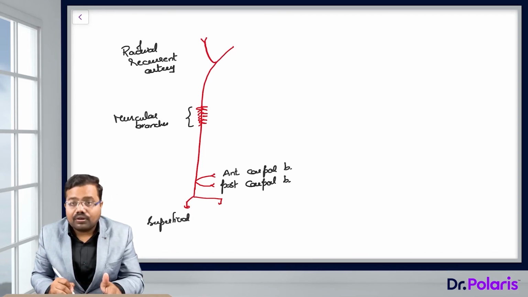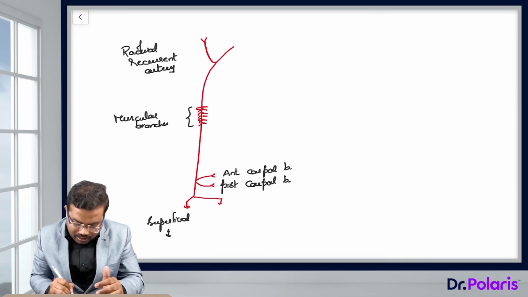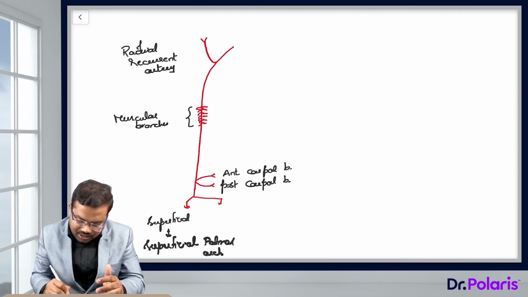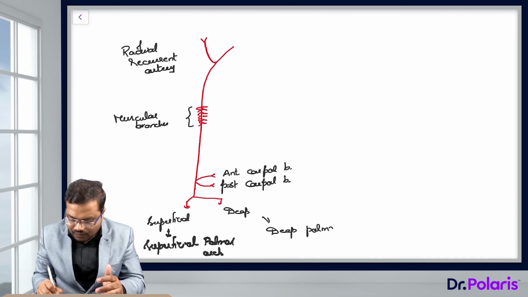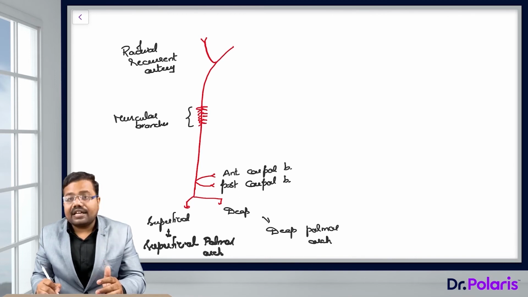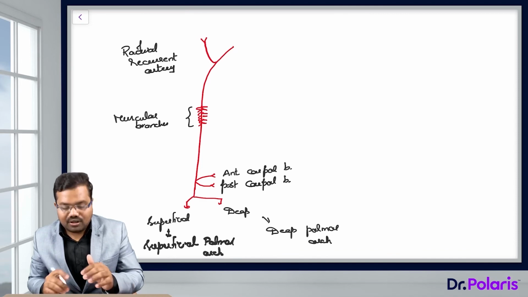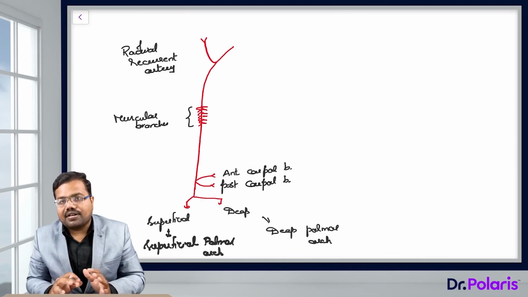Superficial will join with the superficial palmar arch, which is majorly formed by the ulnar artery, whereas the deep branch will form the deep palmar arch, which is majorly formed by the radial artery. Okay, so these are the branches of the radial artery.